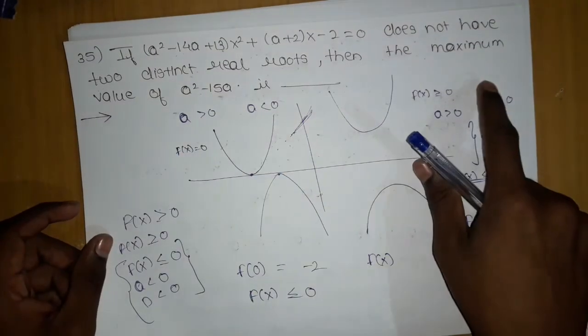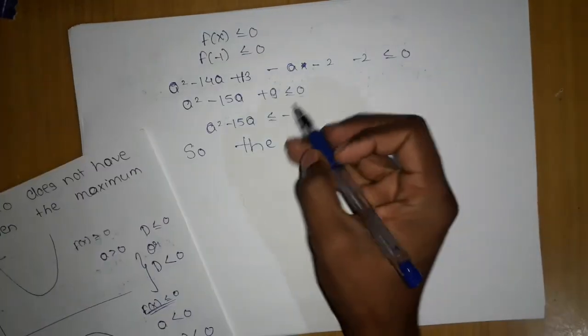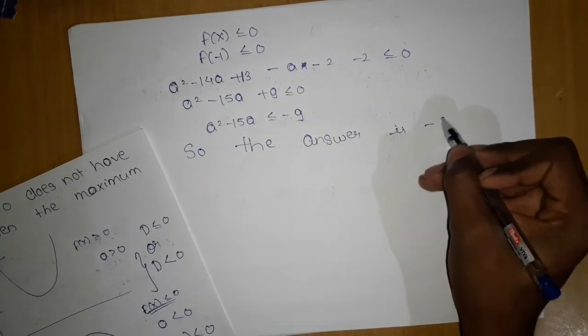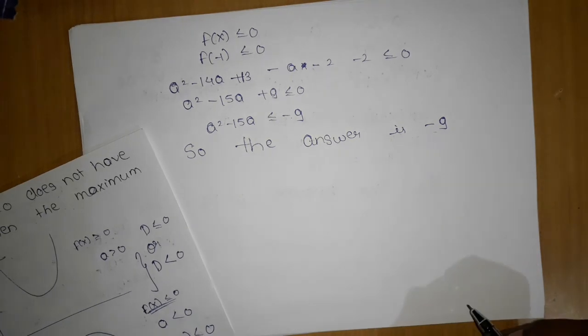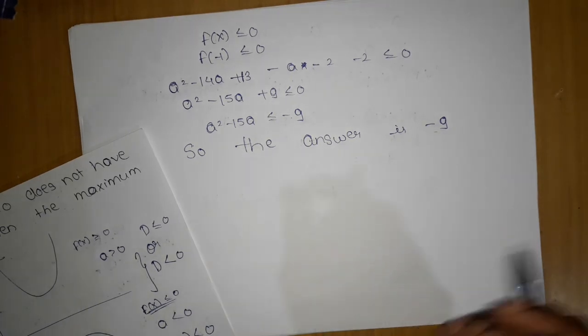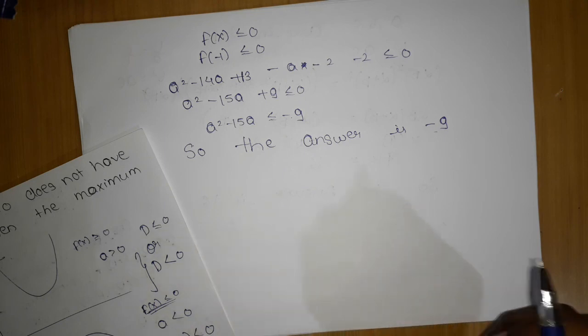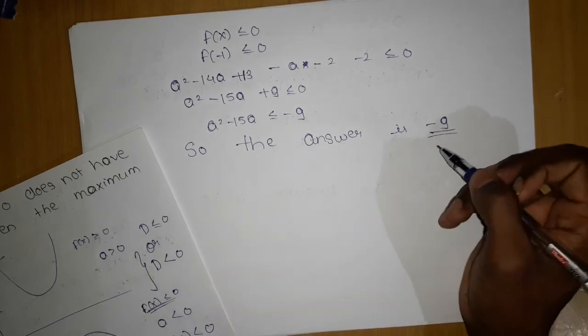We want to find the maximum value, and it can be less than or equal to minus 9. So the answer is minus 9, because the max value will be minus 9. If it moves further, it will be less than that, like minus 10, but we want the maximum value, which is minus 9.